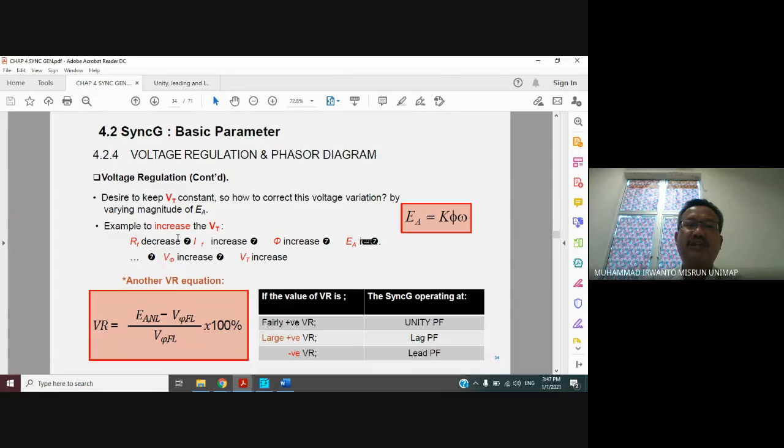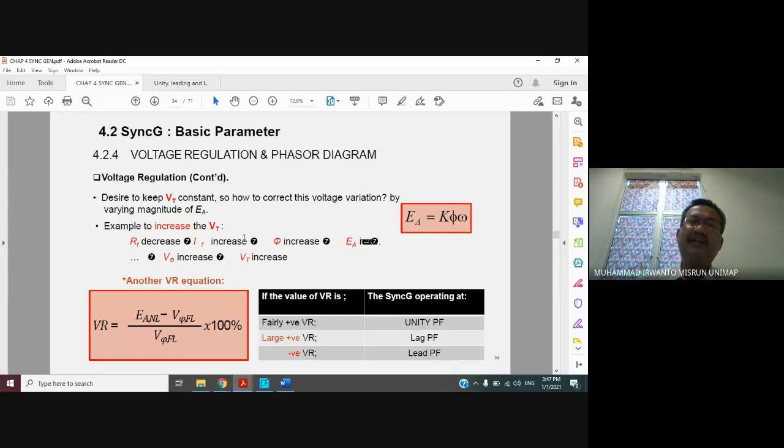If you want to increase the terminal voltage, we can increase the field current. How do we increase the field current? Using the field voltage. This is the condition to maintain stable voltage.